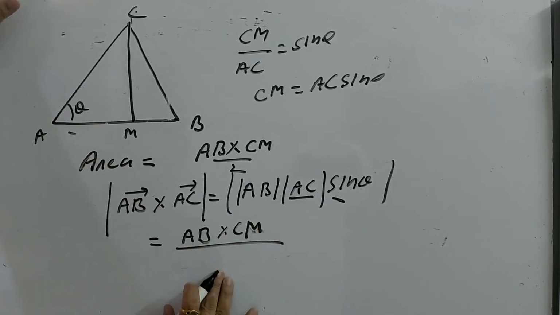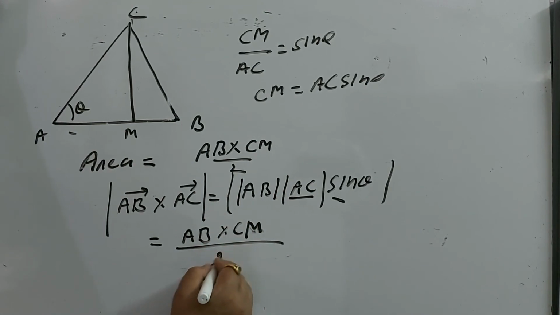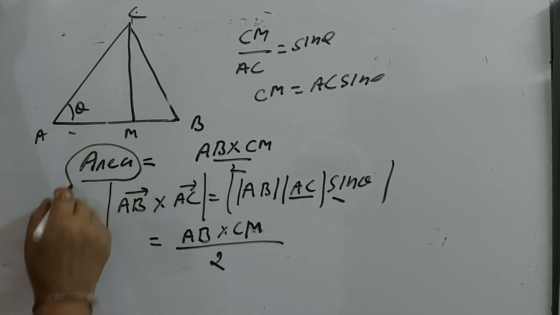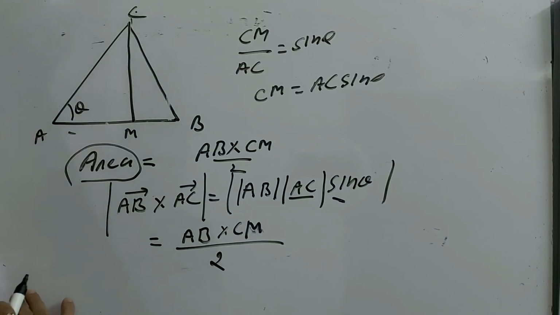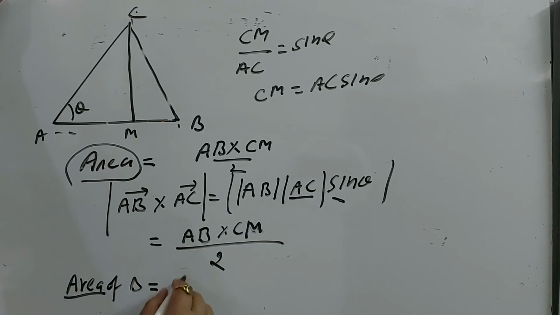So AB into Cn, if you divide this by 2, you will get the area of this triangle. So the area of the triangle can be written as this vector cross this vector by 2, and modulus of this.